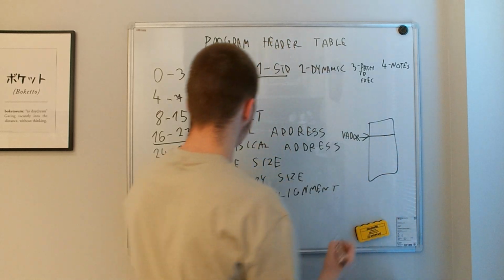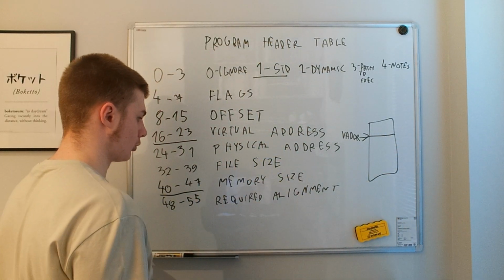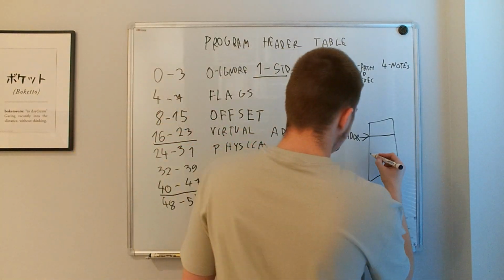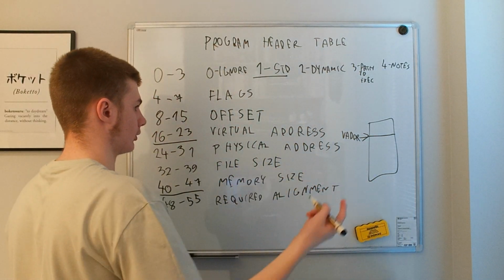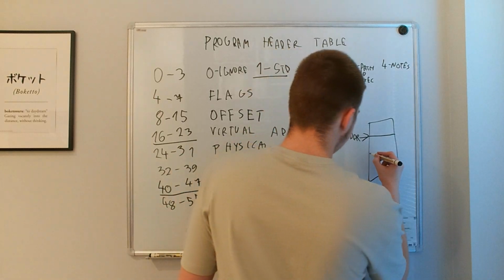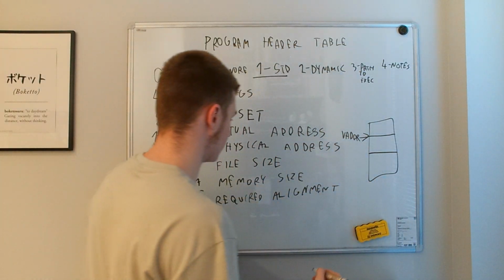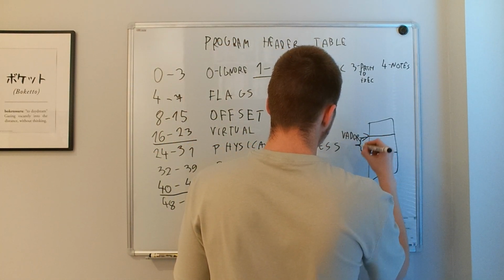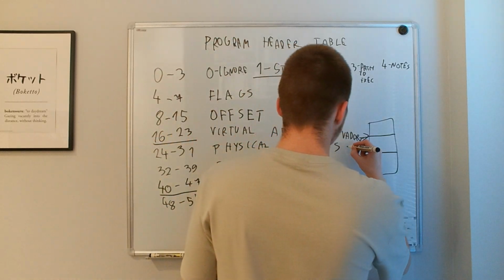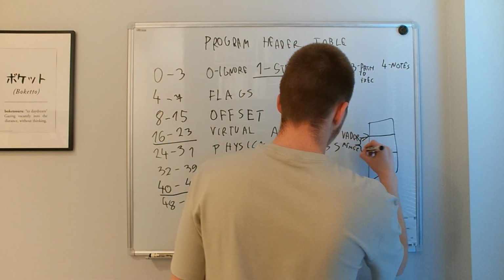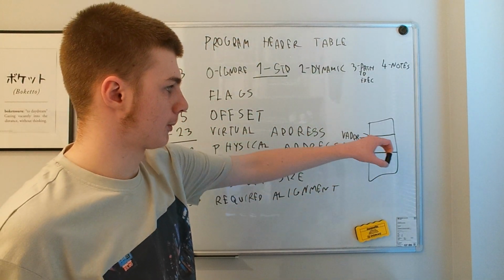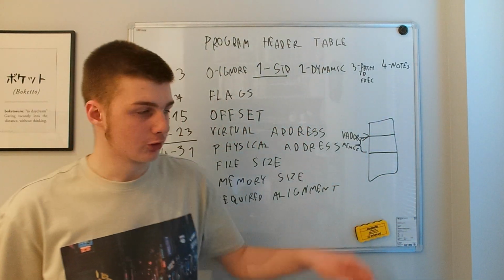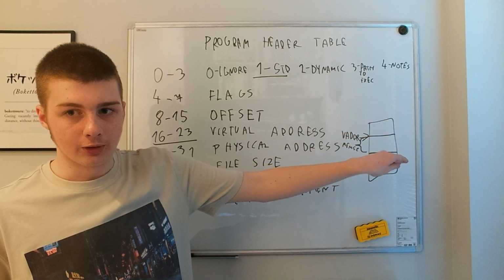And over here, you should reserve or just reset to 0. You should clear some memory for where we're going to place this section. And just about how much you should clear is dictated by the memory size over here. So this is the memory size that starts at the virtual address. So this is how much you should clear, how much you should set to zeros in your memory for this.